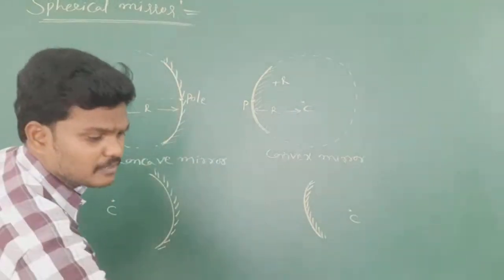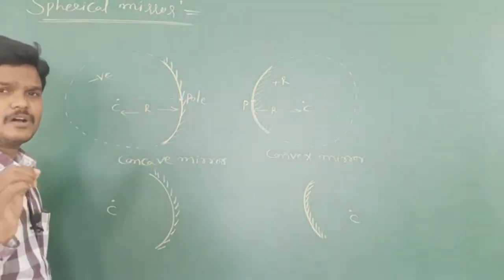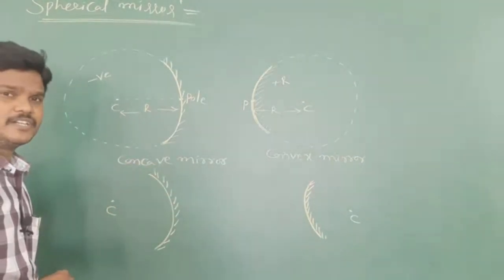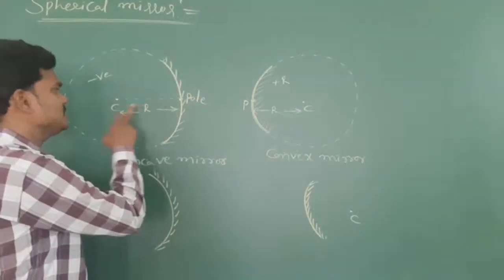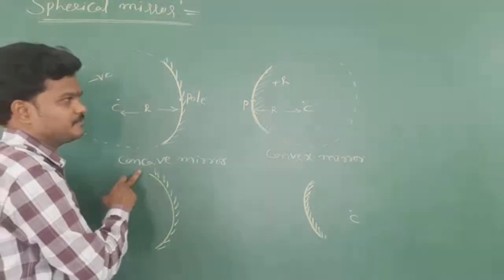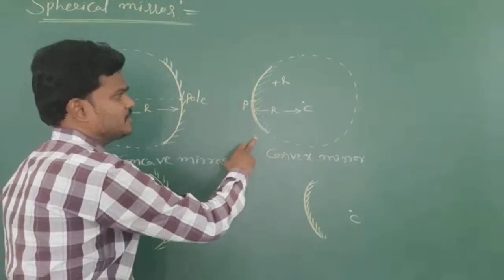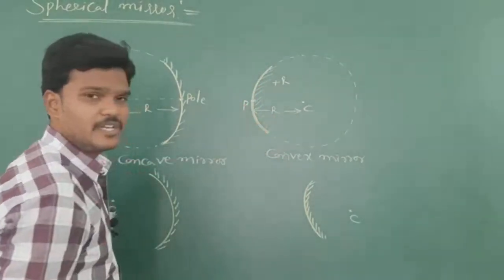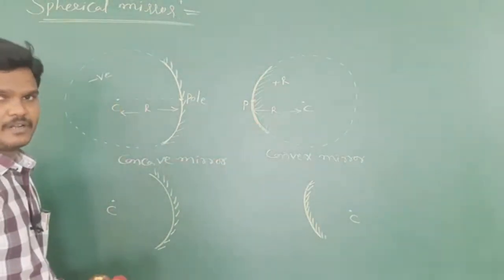So a spherical mirror is a small part of a hollow sphere. One side is polished, and that side is going to reflect. If the reflecting surface is towards the center of curvature, then it is said to be a concave mirror. If the reflecting surface is away from the center of curvature, then it is said to be a convex mirror.